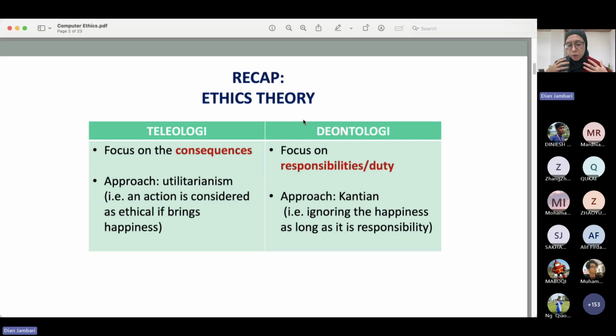If you are being responsible, someone can be happy and someone may not be happy, but you cannot control that. What you can control is making sure that the responsibility you hold on to, you have done properly. That is the Kantian approach, which is much more applicable in the setting of modern times.